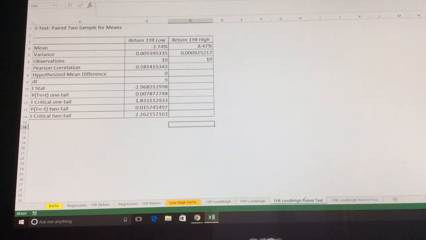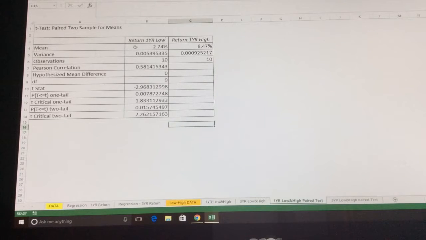Again, in this situation, we are comparing the 10 funds that had the lowest Sharpe ratios to the 10 funds that had the highest Sharpe ratios, looking at the 1-year returns.